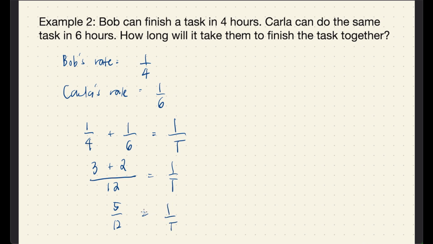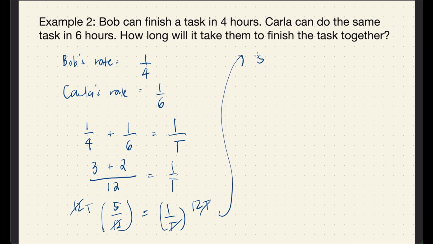Then equals 1 over t. We can multiply both sides by 12t. That cancels t, cancels 12. You'll get 5t is equal to 12. Divide both sides by 5, that cancels out, so that gives you 12 over 5. That is 2 and 2/5 or 2.4 hours.